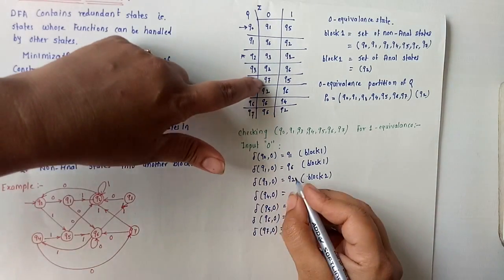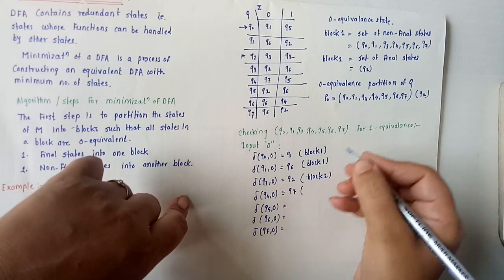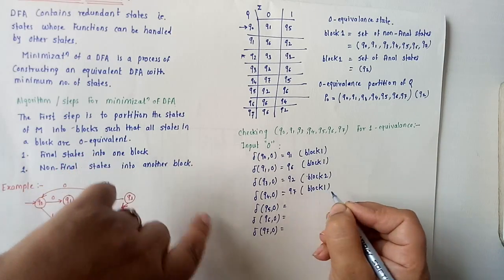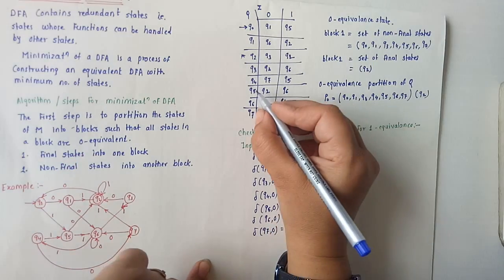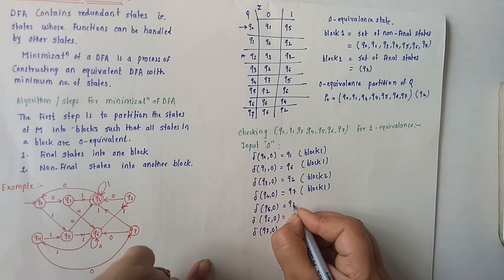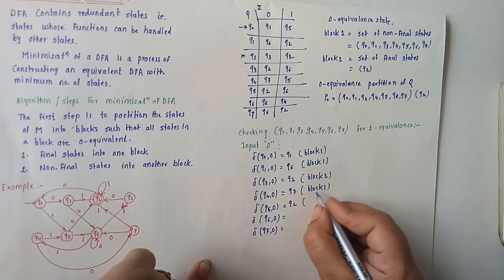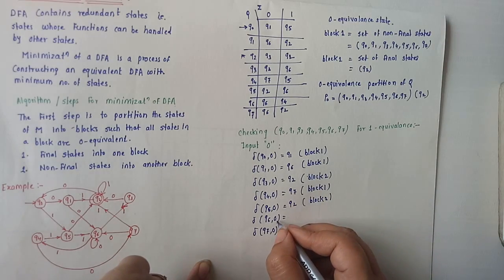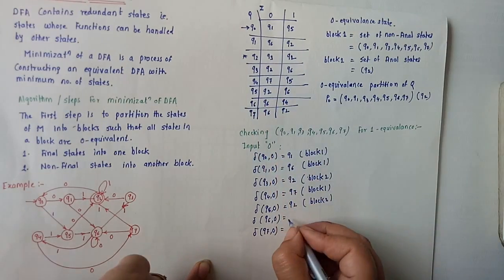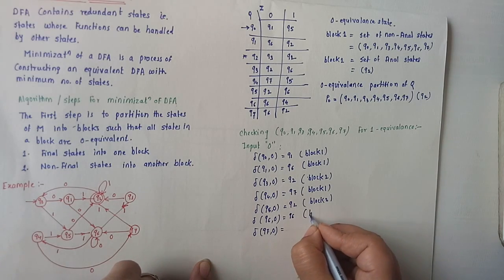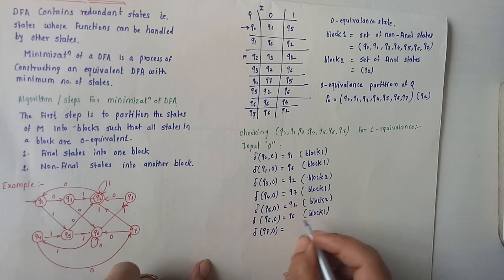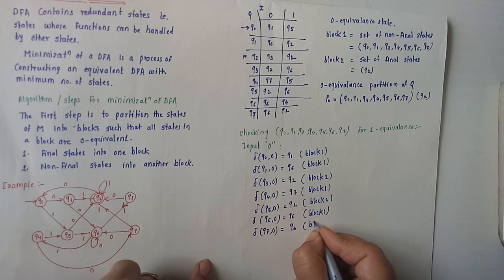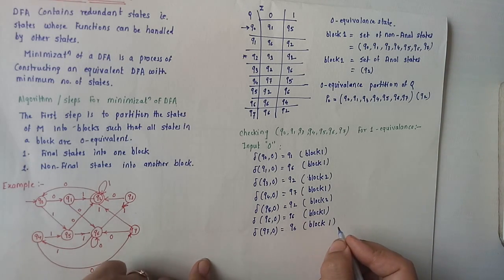Next q4 on 0 is q7, in block 1. Next q5 on 0 is q2, in the other block, so we write block 2. Next q6 on 0 is q6, in block 1. Next q7 on 0 is q6, also in block 1.